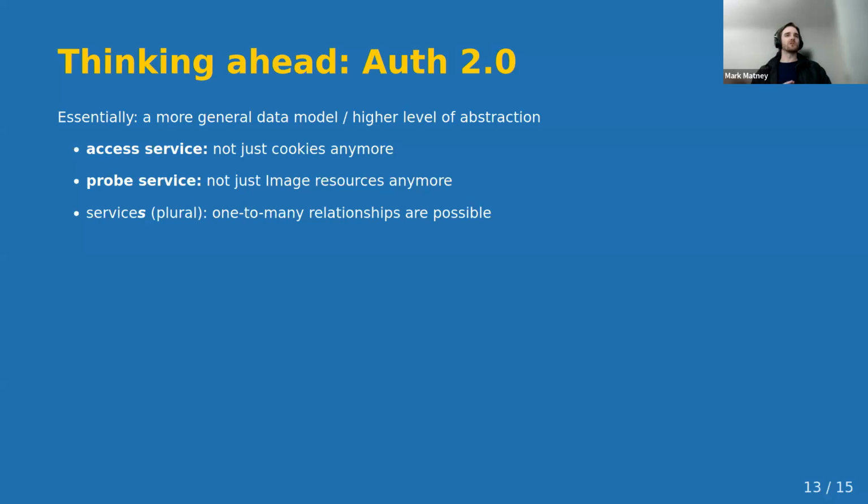And then the second generalization is that it's not just image resources anymore that can be auth. It's any IIIF content resource type. So in auth 1.0, the info.json is specified to be the carrier of the authentication services, but now it is not. It can be on the info.json, or actually in the case of images, it must still be on the info.json, but now it can be located on audio and video resources as well.